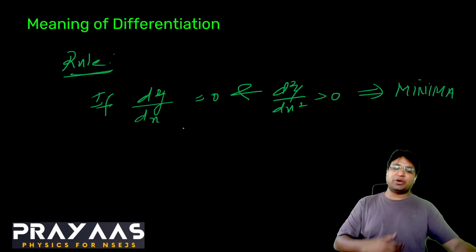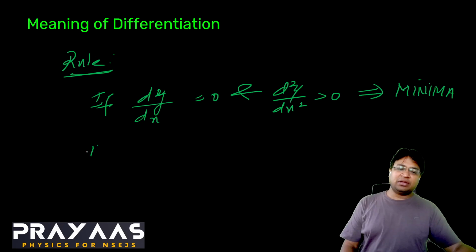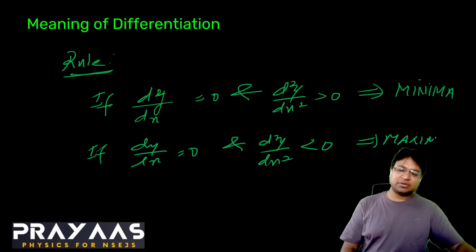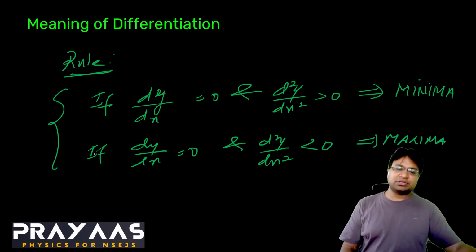If at a point dy by dx is zero and the second derivative is negative, then it's a maxima. So please remember this rule.